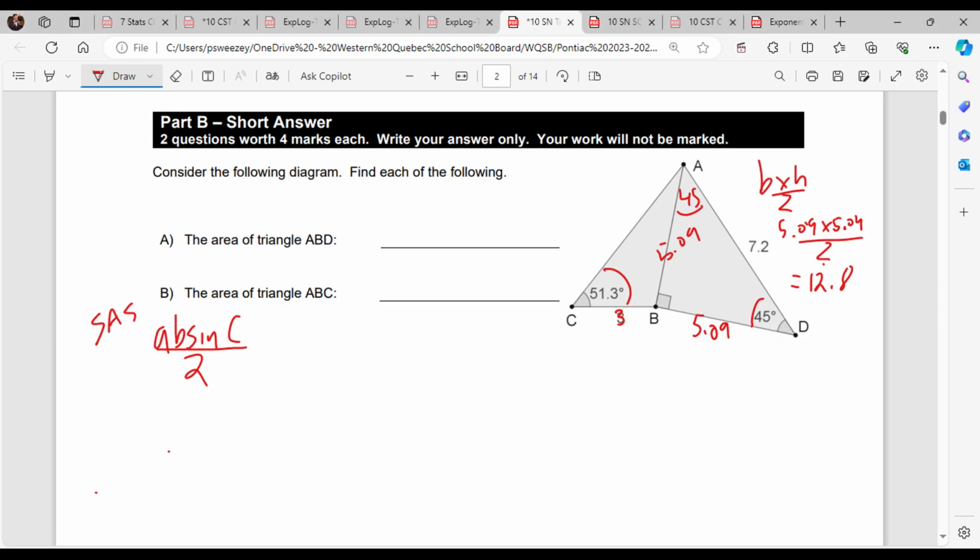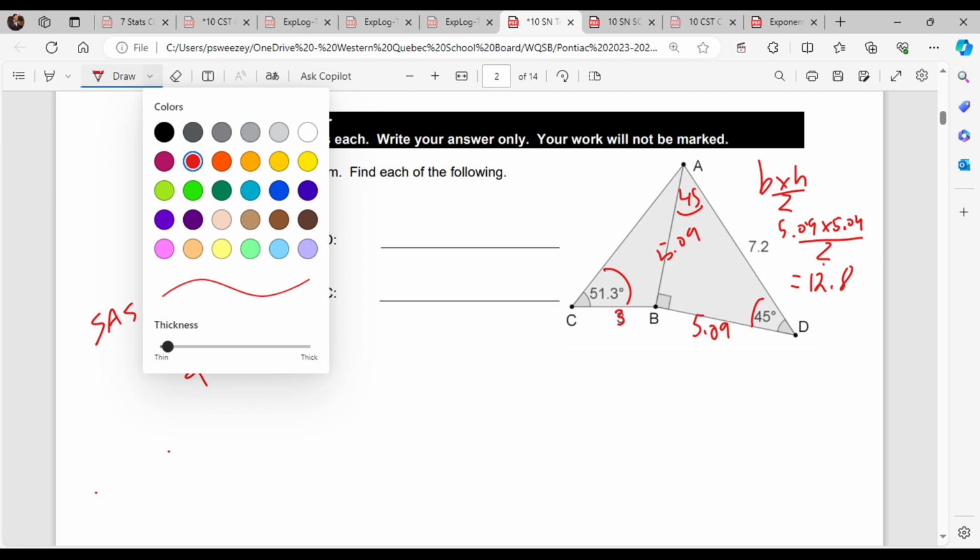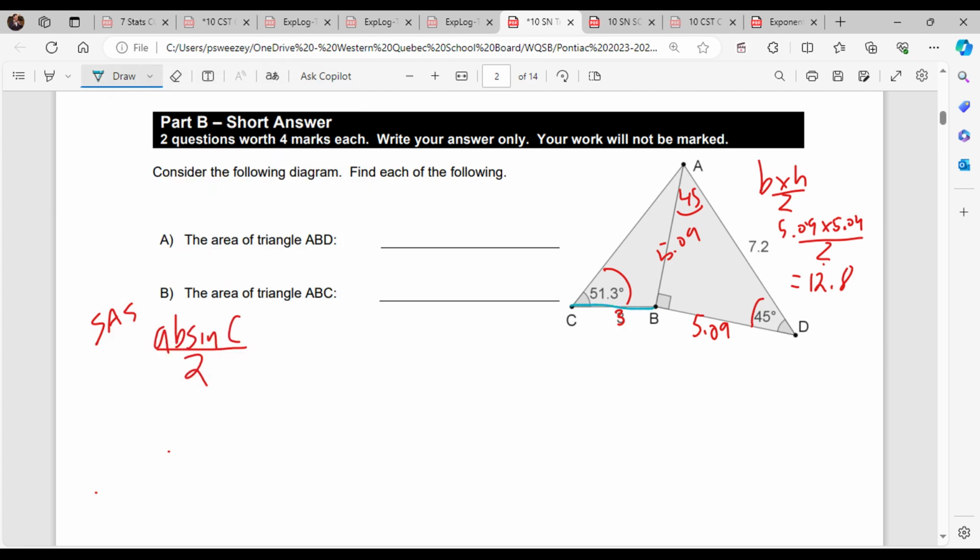So for those that didn't finish this guy yet, I'll walk you through how I would basically do this guy. It's not necessarily saying it's the right way. I got 7.2. I think that's pretty well bang on. Like if I wanted to find that, I know I have that length and that length, so I want to find that obtuse angle.